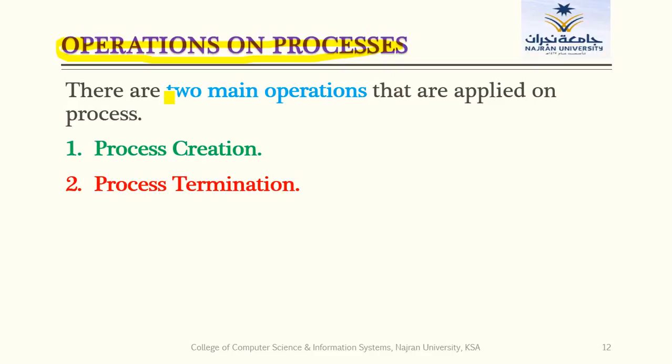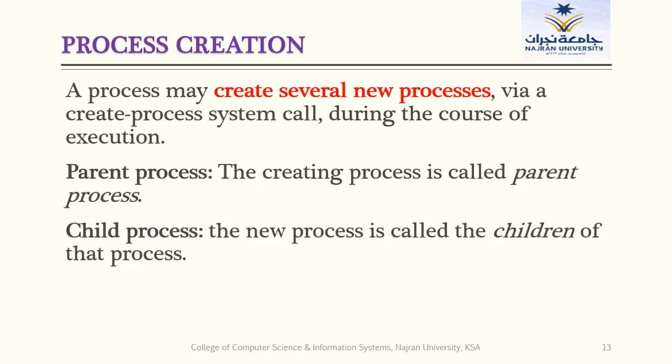We have two main operations that we can perform on a process, that is process creation and process termination. How we can create a process and how we can terminate a process. These concepts are related to the lab session, but here is just brief theoretical knowledge about how we can create and terminate a process.